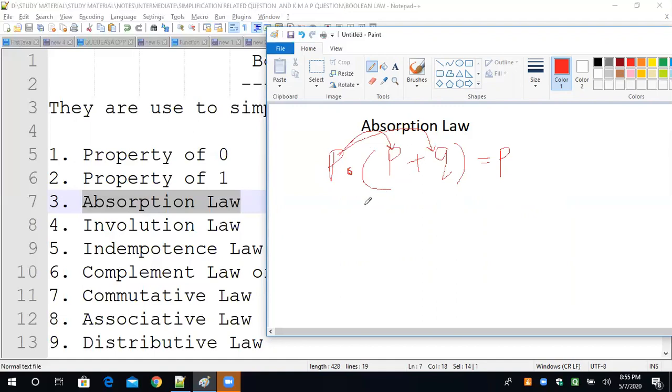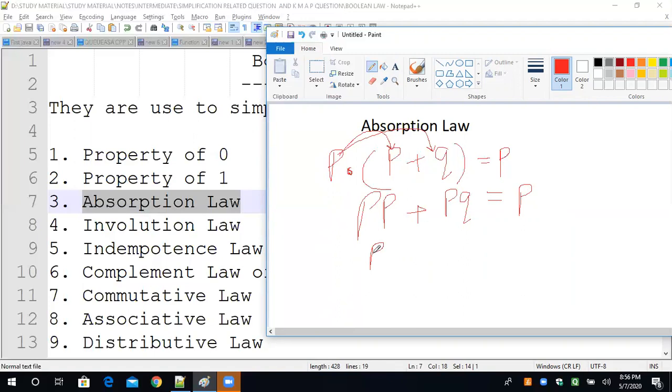So what can we write? P dot P is PP plus P dot Q is equal to P. Understand? Now, if there are two P's, we can write down one P.